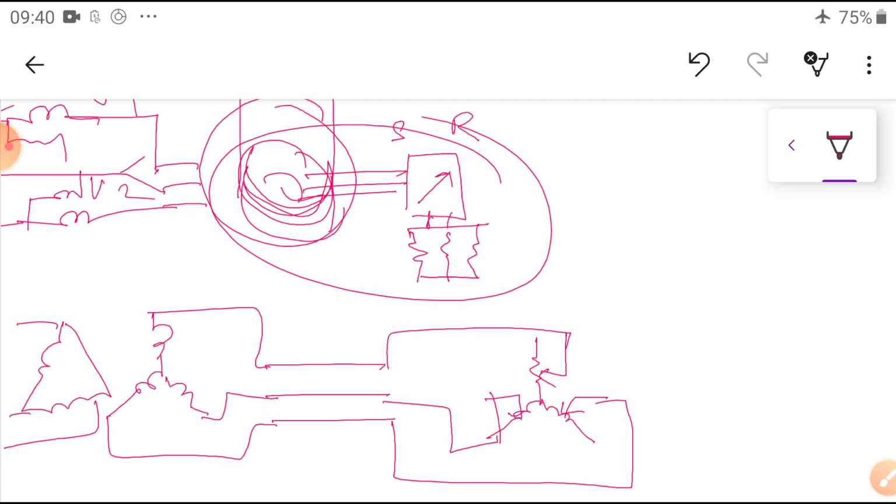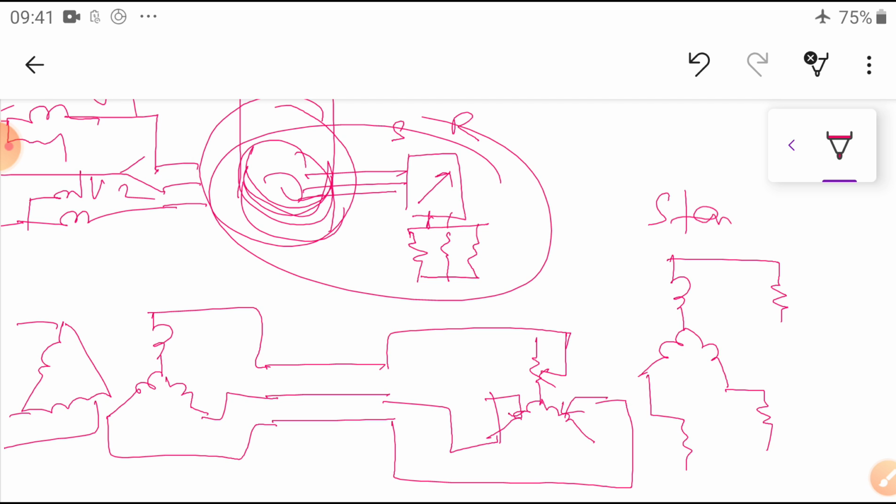Initially you connect some resistance here, resistance R, and keep it. Now we have to keep the switch in the run position or the start position.